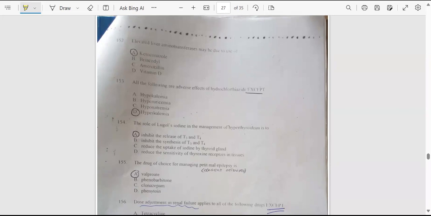Ketoconazole. What other drugs increase liver aminotransferases? I think statins, most anti-TBs.